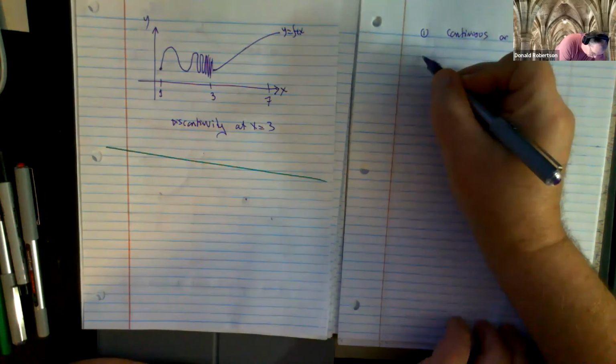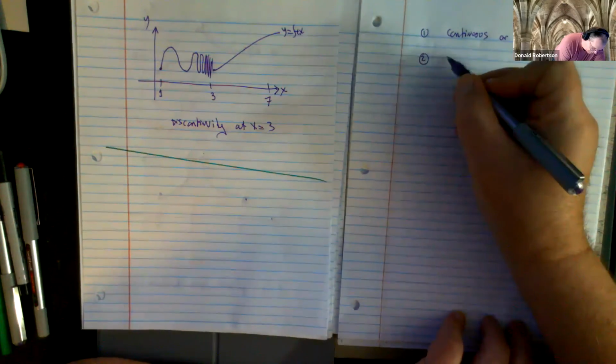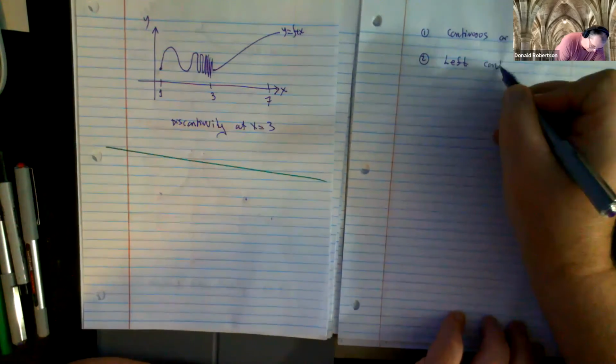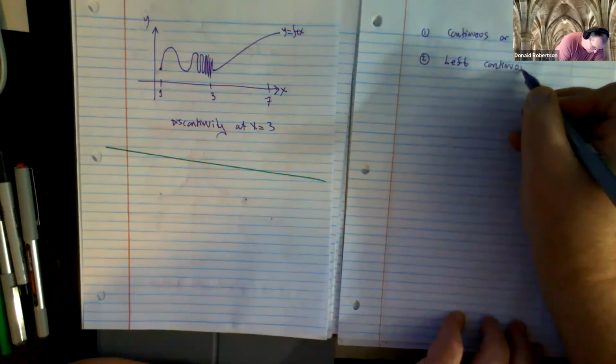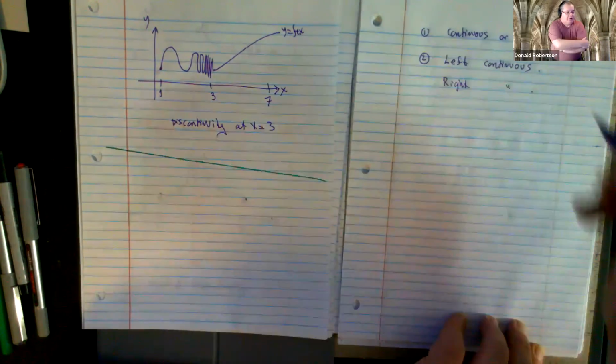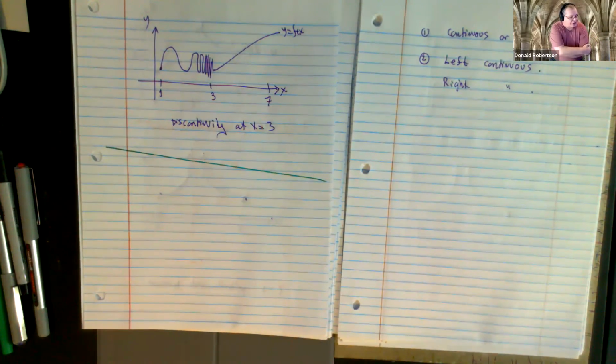But you can also have left continuous, right continuous. You know how we had left limits and right limits? Remember that? Left limits and right limits? You can have functions that are left continuous or right continuous.